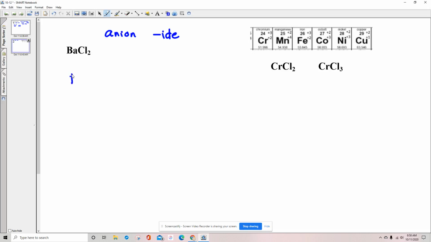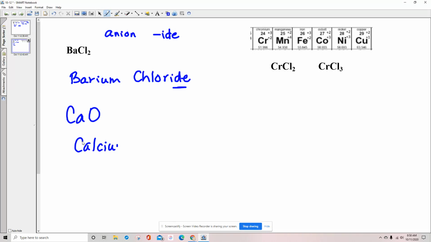So this one's just going to be barium because it's the cation, and then chlorine is going to change to chloride. Okay, adding that -ide at the end. And so if we do, let's see, calcium, which is 2+, and oxygen, which is also 2-. So that would be calcium oxide.